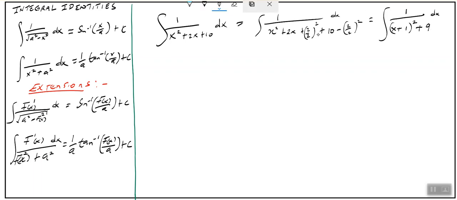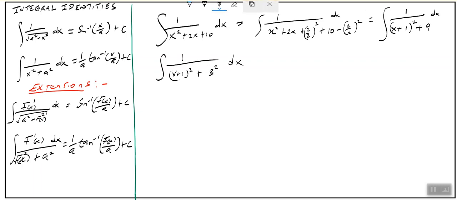Now, I will go through all these algebra tricks. It helps when you know what you're looking for and how to manipulate, it makes it easy to solve questions. Now, this whole thing can be written as x plus 1 squared plus the square root of 9, which is 3, squared dx.